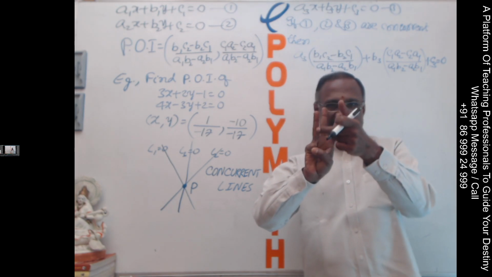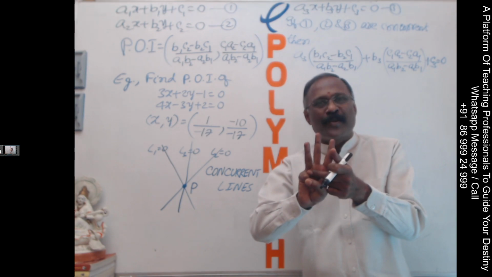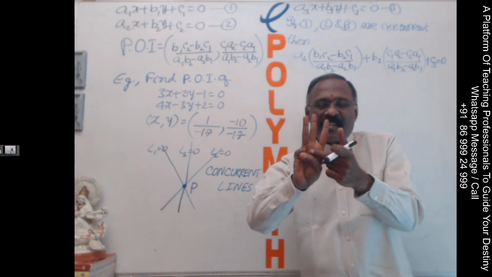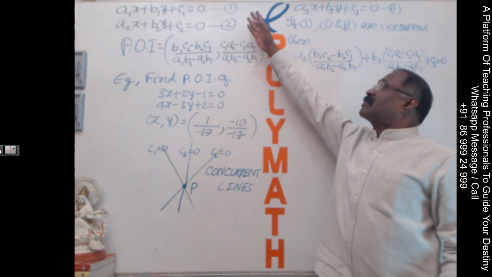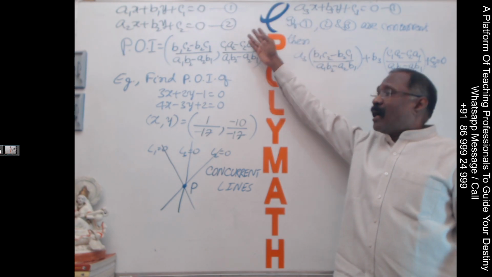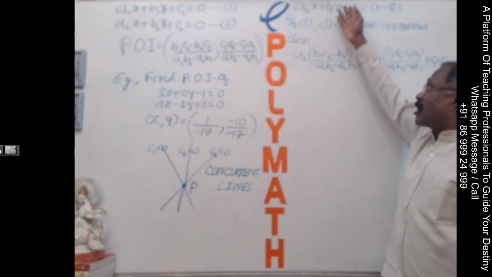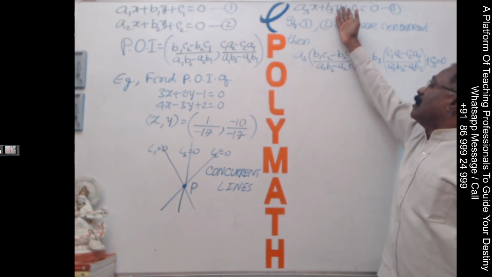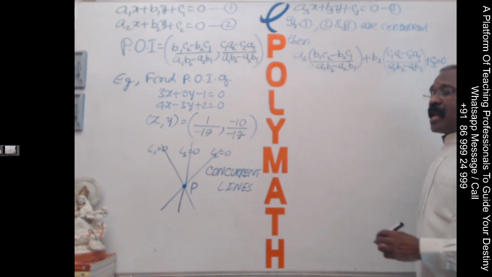If this point of intersection satisfies the third line also, then we say that these three lines are concurrent at this point. That's what I did. I have taken 1, 2, 3 to be concurrent. I solved these two and got this point of intersection. If these two are concurrent with the third one, then the third one must contain this point. That is why I substituted this point in the line equation.